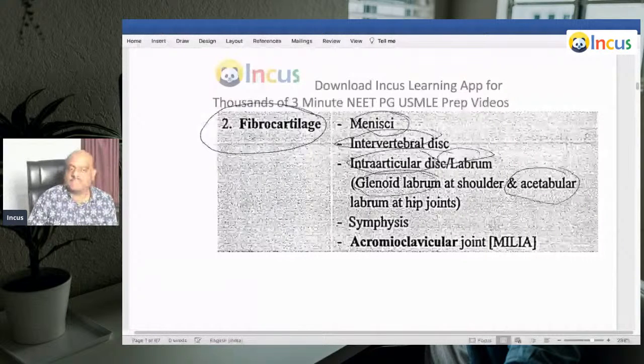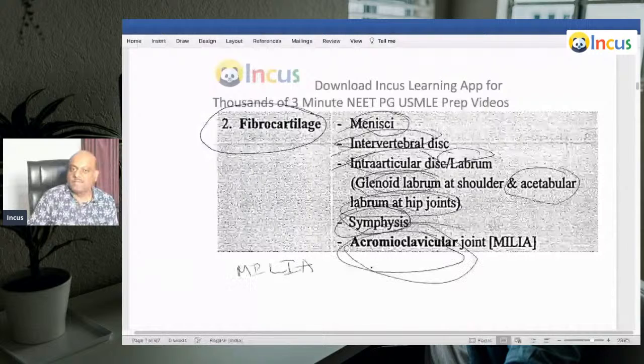You remember with the mnemonic MIILAS. M is menisci, I is intervertebral disc, I is intra-articular disc, labrum like glenoid labrum at the shoulder and acetabular labrum at the hip joint, and symphysis, acromioclavicular joint. So that is something you can remember for the fibrocartilage.